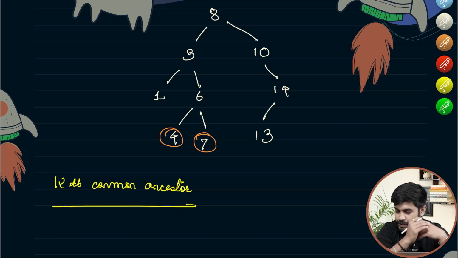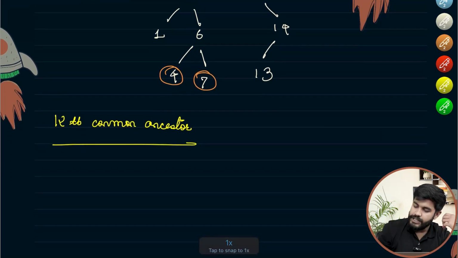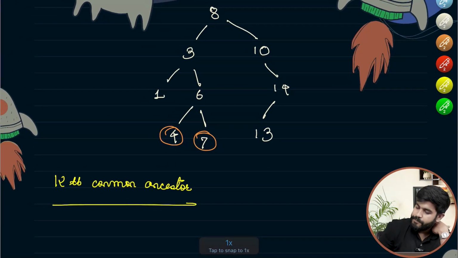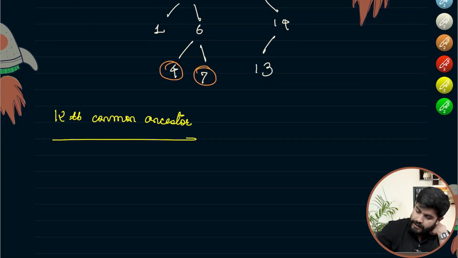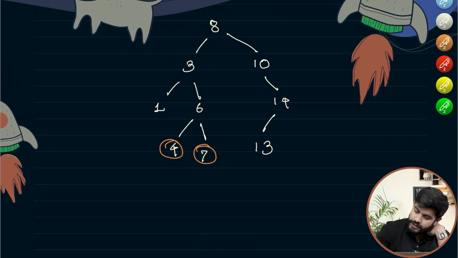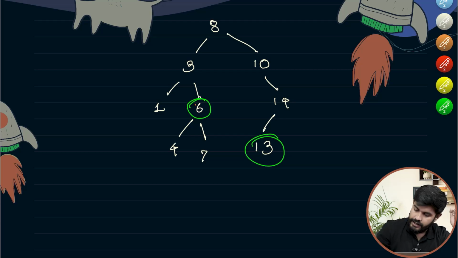So a small bit of observation that needs to be emphasized is, let's say we have something like this. Let's say this is a binary search tree and we are asked about the common ancestor of 6 and 13.